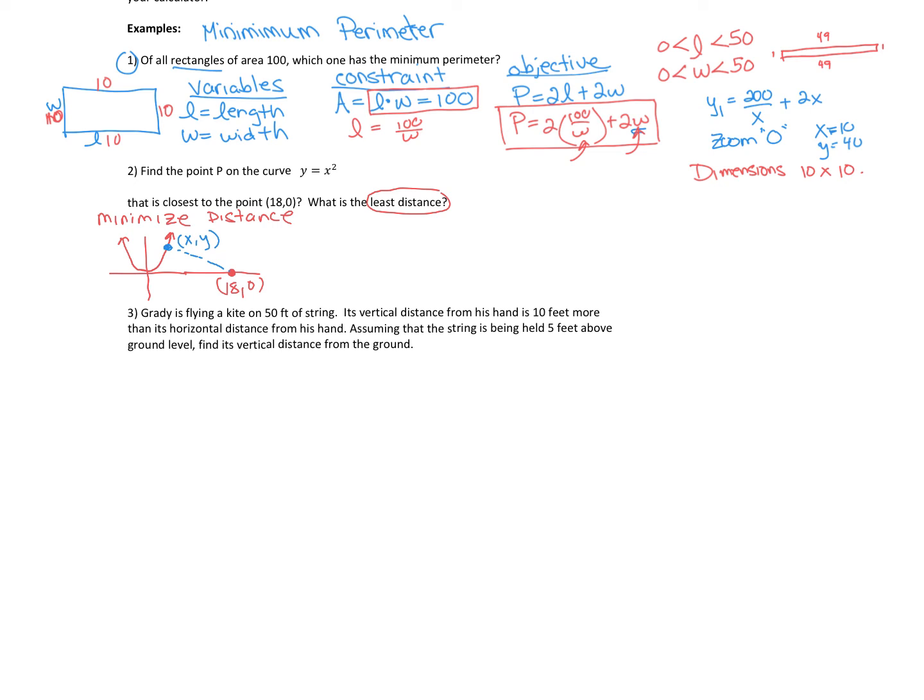We'll just pick a point and draw a line. So if I want to minimize the distance, I've labeled my variables in my picture. I now want to write down my constraints. So my constraint is just that y is equal to x squared.